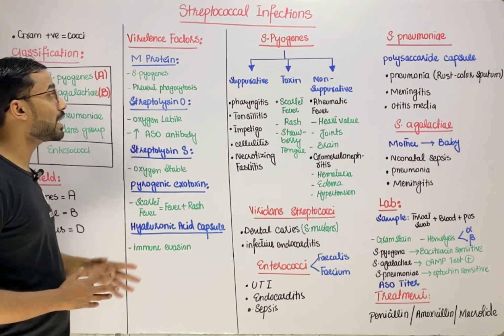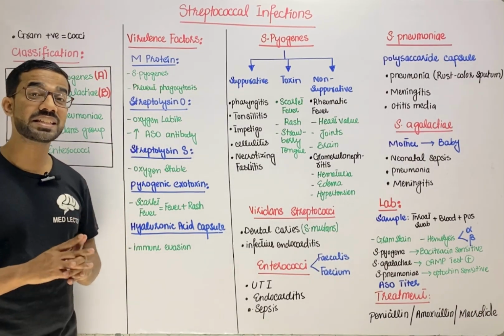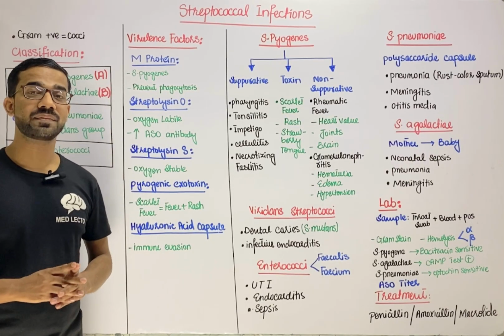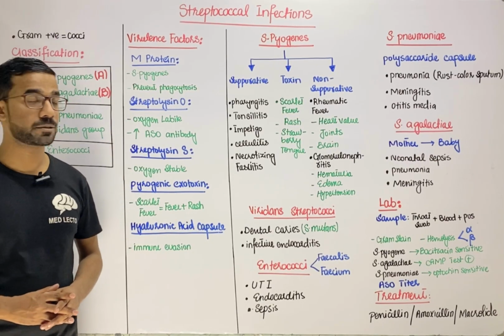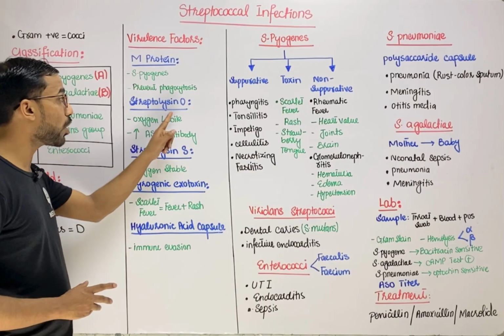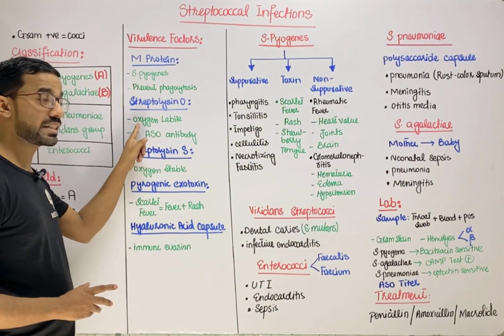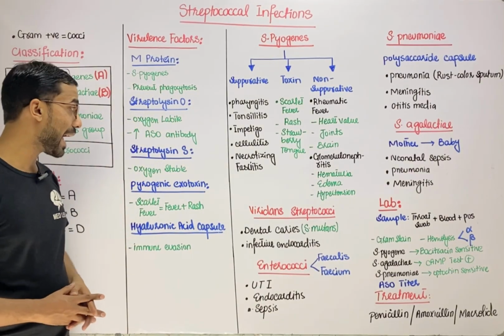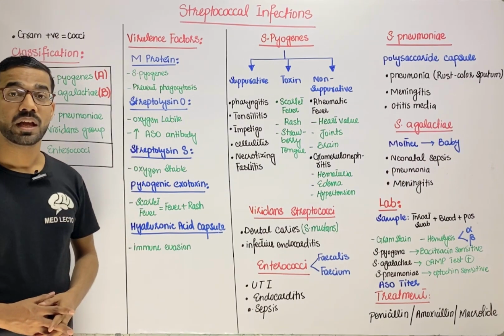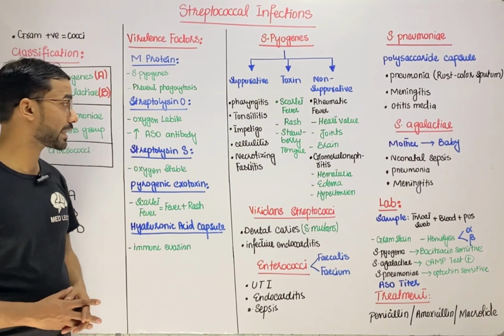And streptolysin O is the thing that causes hemolysis in these species. Streptolysin O is oxygen labile, and it causes hemolysis in these species of bacteria.